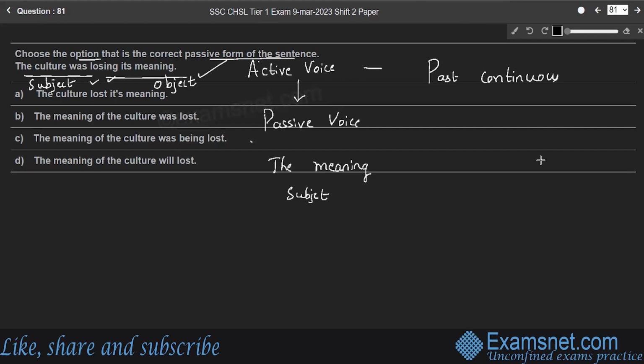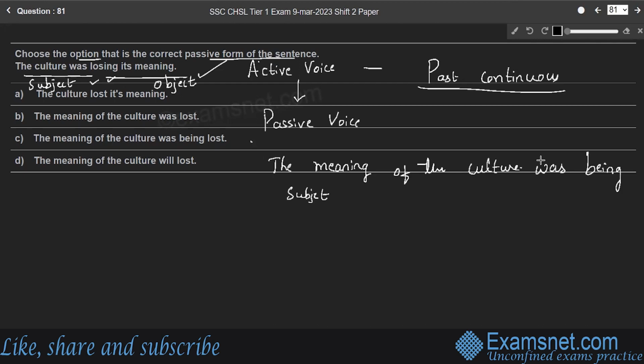Meaning of what? The meaning of the culture. Since the sentence is in past continuous tense, the verb becomes was. The verb is changed to passive form typically by adding a form of the auxiliary verb be. Since the sentence is in continuous tense, the auxiliary form of the verb be will be being.